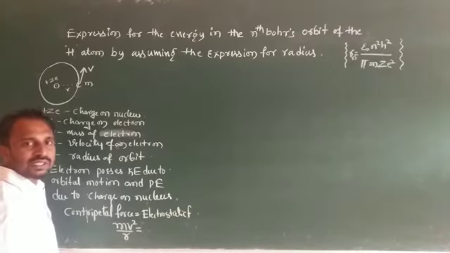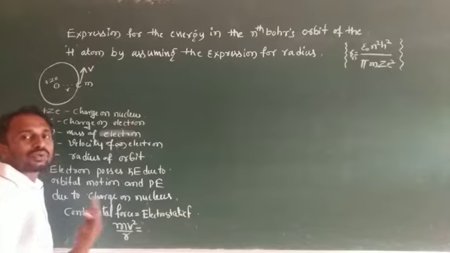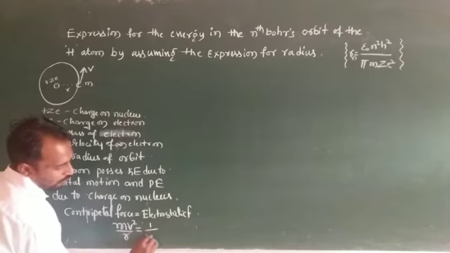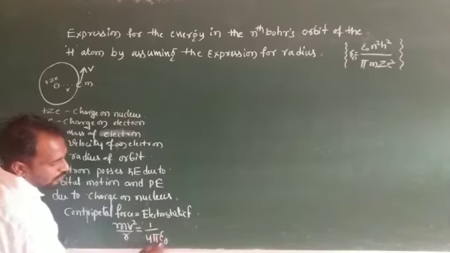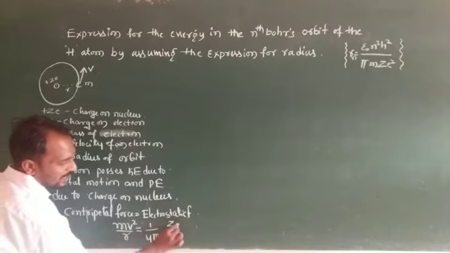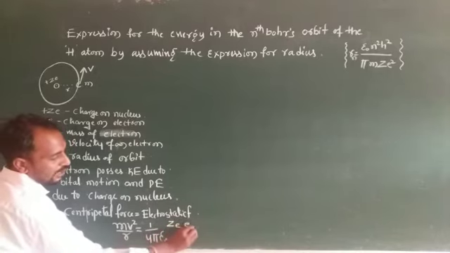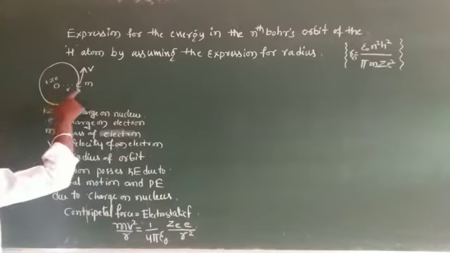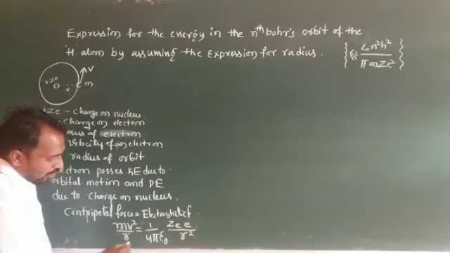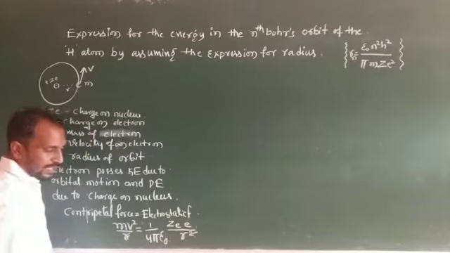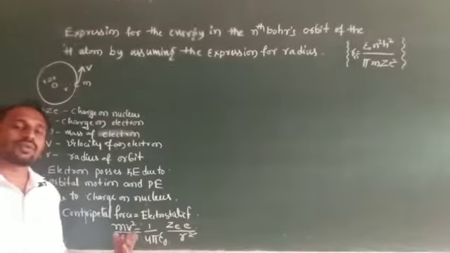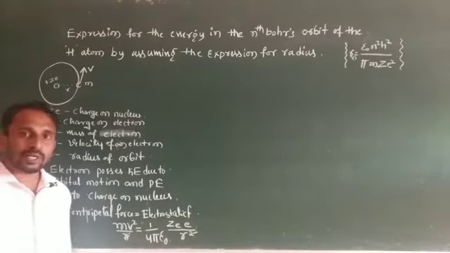Here q1 is the charge on the nucleus, Ze, and q2 is the charge on the electron, e, divided by r square, the distance between the two charges. Here one r cancels, and we divide this equation on both sides by 2.